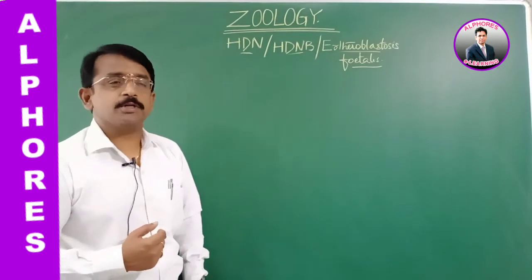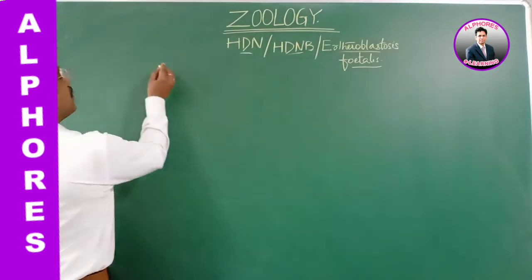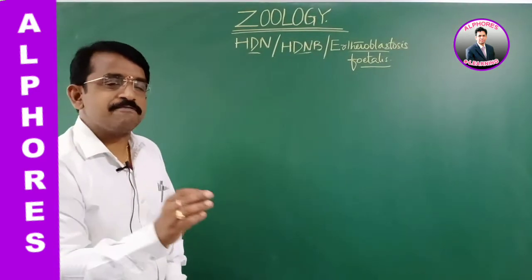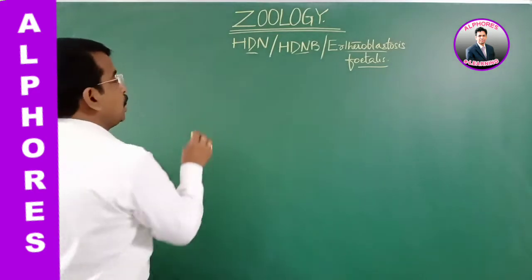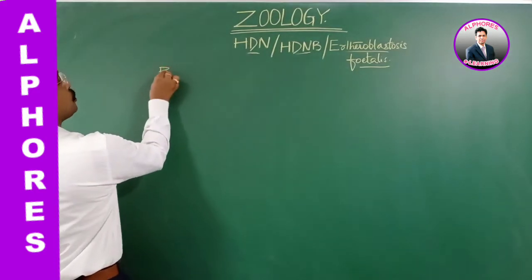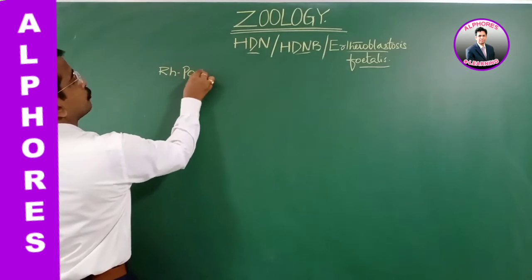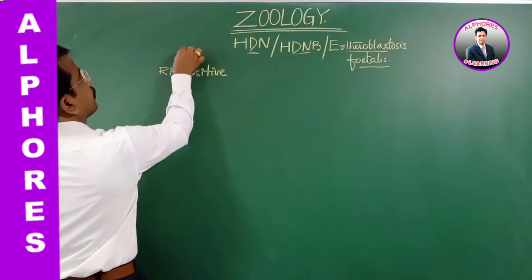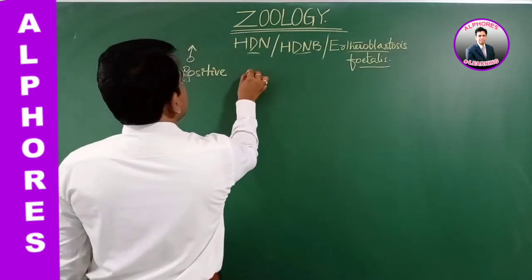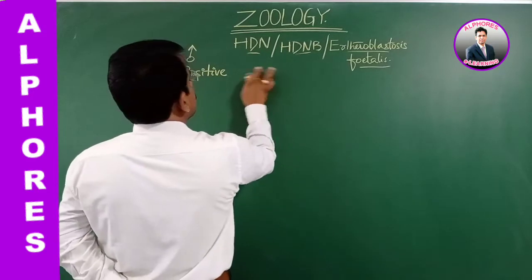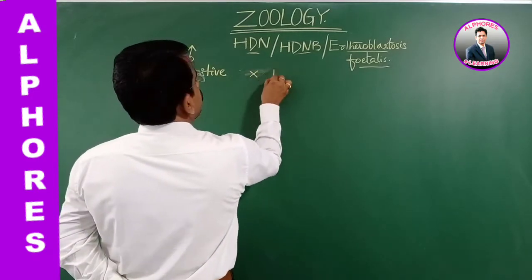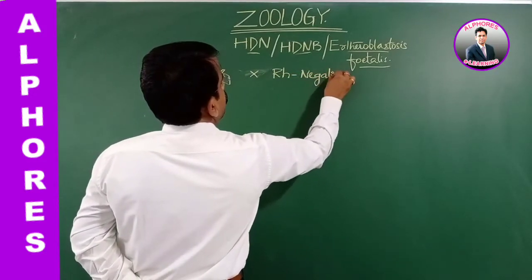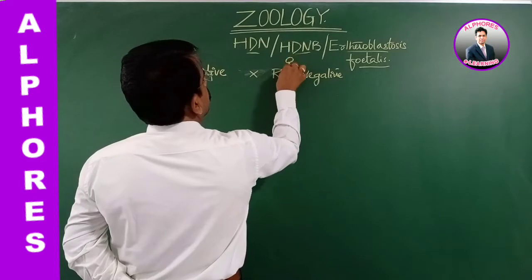erythroblastosis fetalis, is a condition that results due to genetic incompatibility that shows its consequences in the fetus. It is due to the genetic incompatibility that results between the Rh positive father and the Rh negative woman.